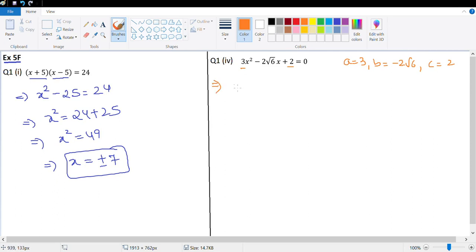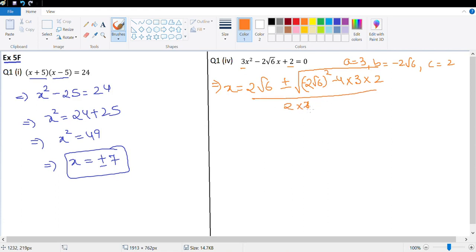Let's use the formula. So x is equal to negative b, which is 2 root 6, plus minus the square root of b squared, in this case negative 2 root 6 whole squared, minus 4 into a, which is 3, into c, which is 2, upon 2 into a, which is 2 into 3.